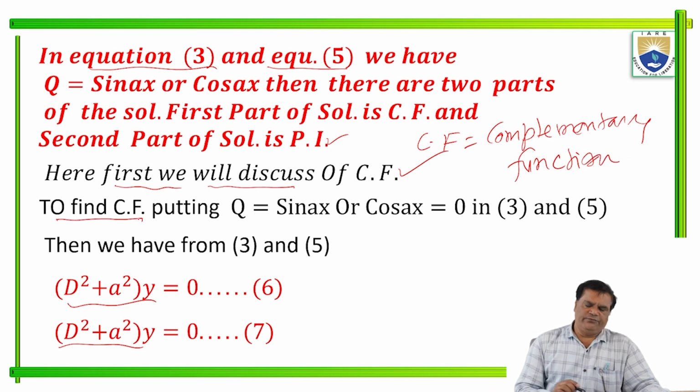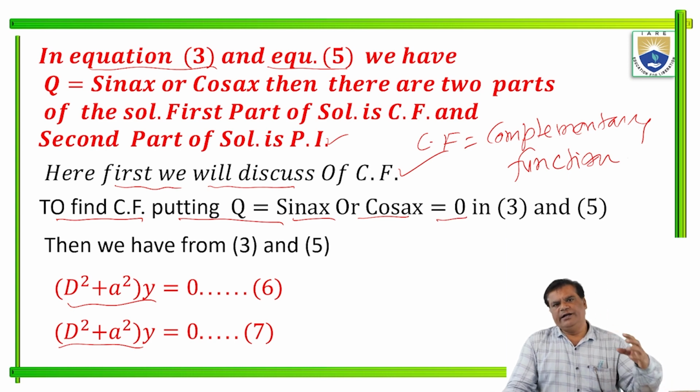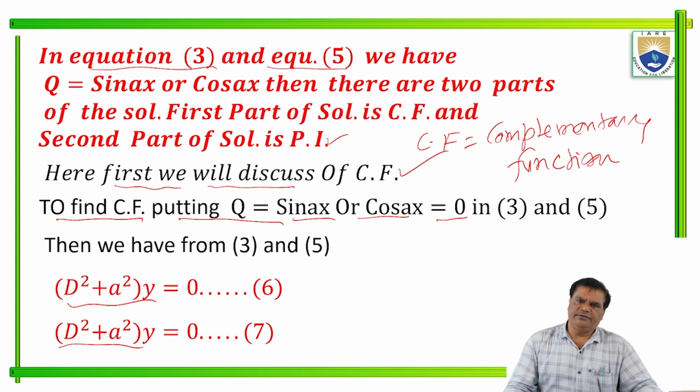To find CF, Q, which is sin ax or cos ax, must be put equal to 0 in our linear differential equation with constant coefficients. When the right hand side is 0, meaning Q is 0, then we can find CF. Otherwise, if we do not put Q equal to 0, we can't find CF. So we take Q equal to 0 first, then we can find the complementary function.